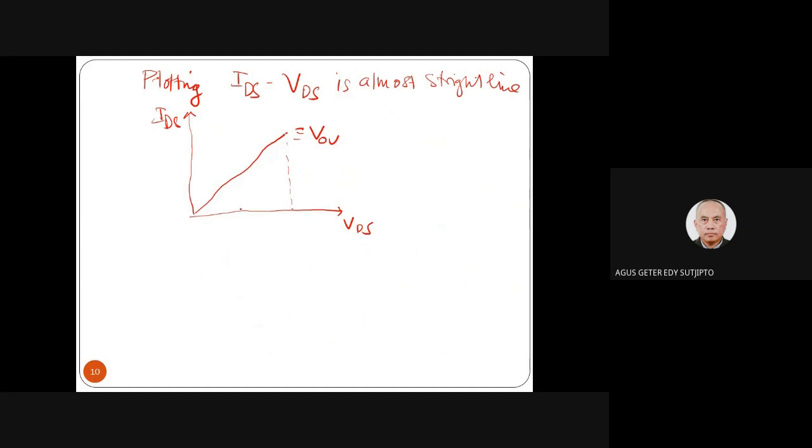So this is the plot of IDS versus VDS, where in this case VDS equals VOV, so there is no more increase in the current IDS.